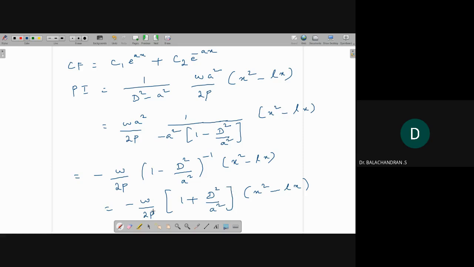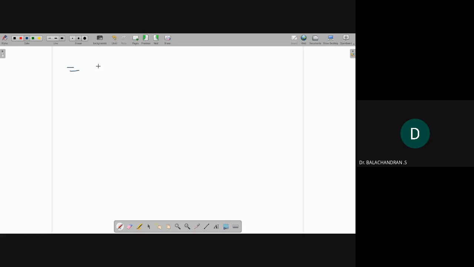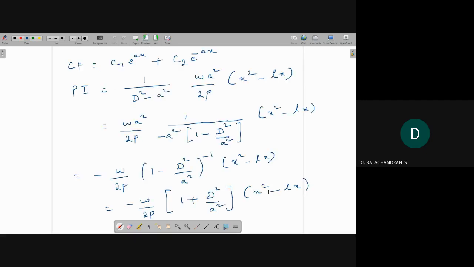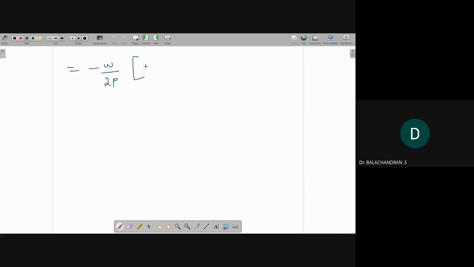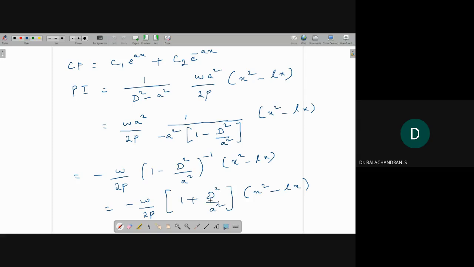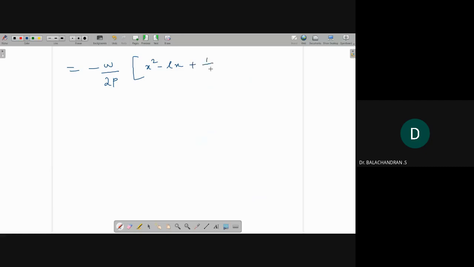This is equal to minus omega by 2p into 1 into x square minus lx, and then if you differentiate it twice, you have 2, and the next is 0. So 1 by a square into 2. So now this is our PI.